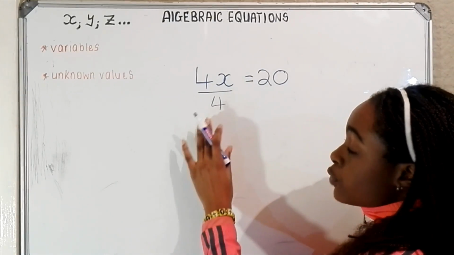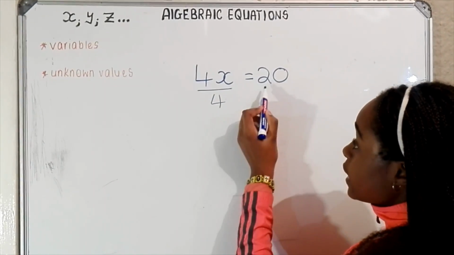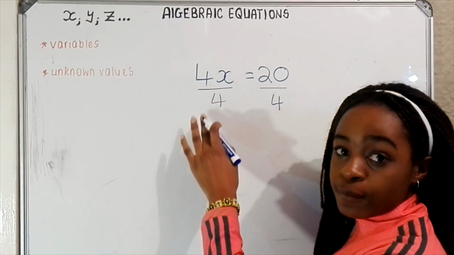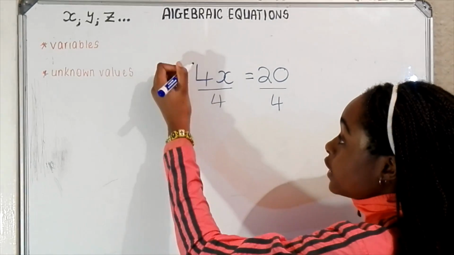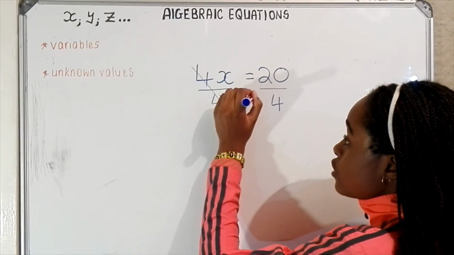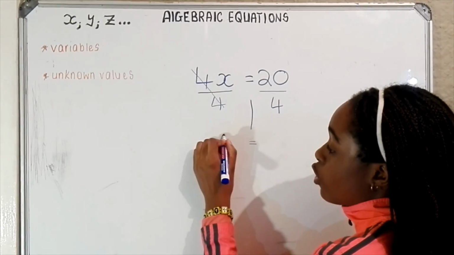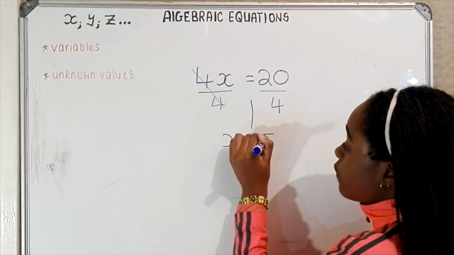For whatever we do on this side, we have to do on the other side, so we have to divide 20 by 4. 4 divided by 4, we're going to simplify now. 4 divided by 4 cancels, it's just equal to 1. So when I bring that all the way down, I'm going to have x on its own on one side, and 20 divided by 4 gives me an answer of 5.